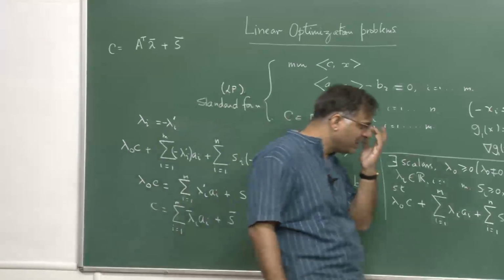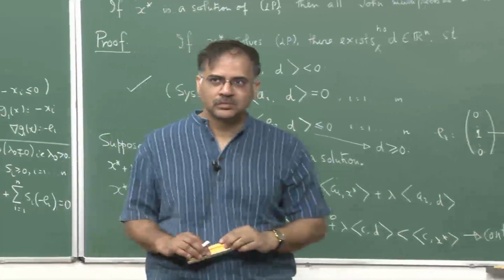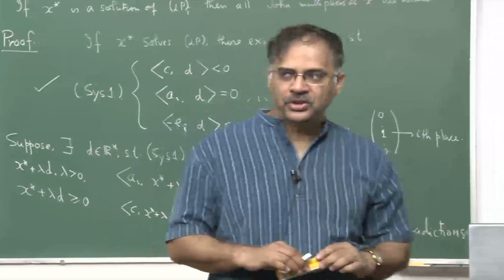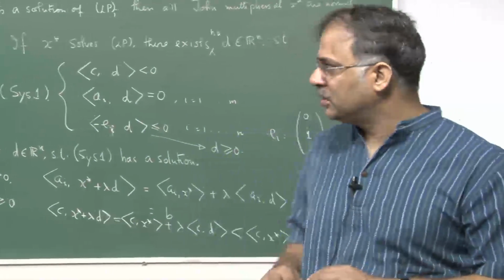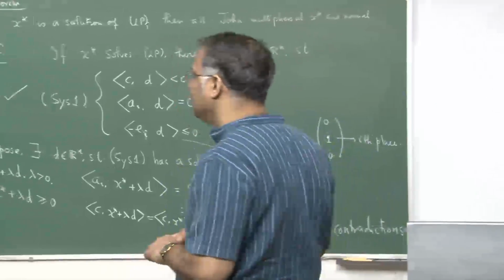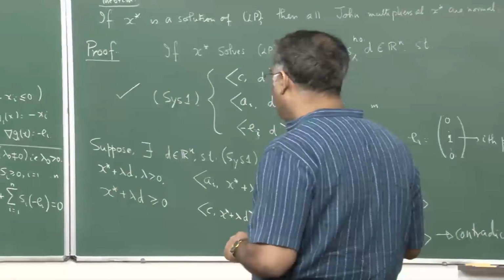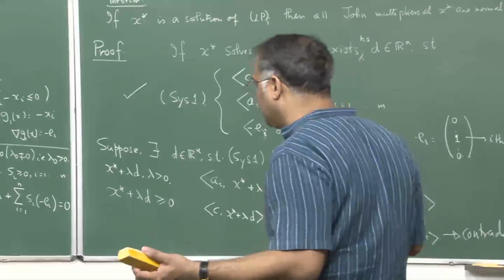But you must be thinking that there is some interesting feature of the Fritz-John condition which is not here. I have not got that, the complementary slackness condition. Now, how do you get that?